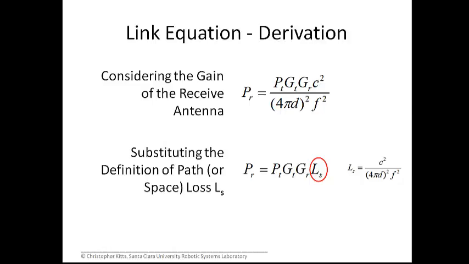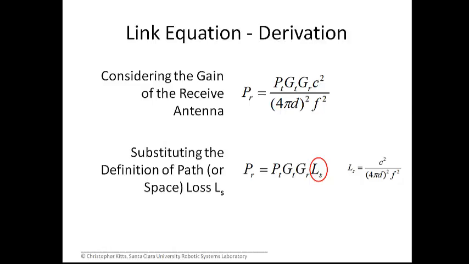And there it is. And in our next step, I'm going to take most of that, the c squared and everything in the denominator, and I'm going to define that as my path loss. And so this really, for the most part, comes from the inverse square sort of path loss with a few other factors thrown in. You'll see that that loss is frequency dependent in this case. But I'm going to replace that expression with the parameter L sub s, which is representing path loss.